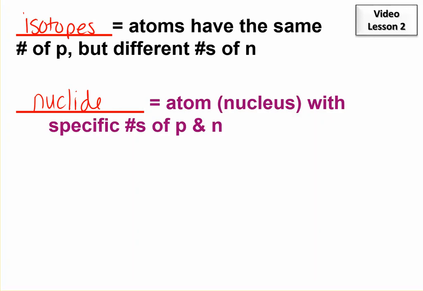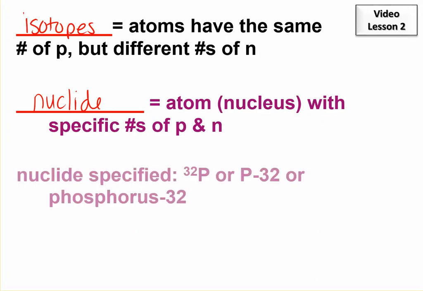But a lot of times when you're interested in specifying the isotope type, you're not really interested in the number of electrons because isotopes are important in nuclear chemistry. But anyway, let's see how the nuclide can be specified. All of these are the same nuclide or the same isotope.